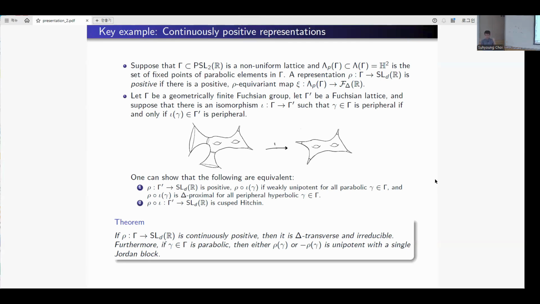And now you can imagine that if you pick two points in your limit set and apply a sequence of group elements in gamma, and these two points get sucked to the same point in the limit set, then by the positive flag map, the corresponding flags must get sucked together as well. But this ensures that you have this open set that gets sucked into a single point.